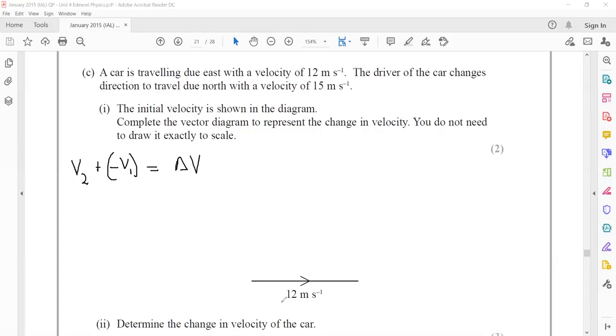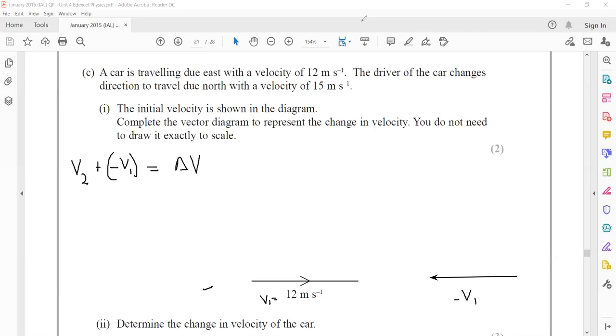So if this is V1, what will be minus V1? The minus V1 will be in the opposite direction. I'm drawing it separately to explain the idea, and then I will complete the figure as well.